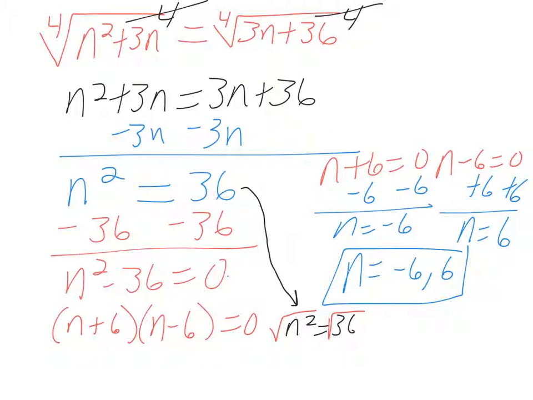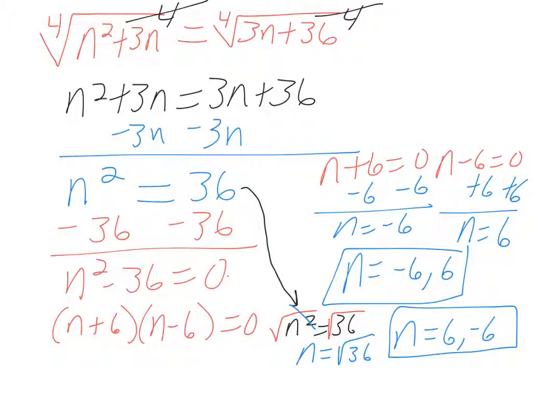And the reason I did that, because I'm squaring something, if I take the square root, that cancels out that there. Then I have n equals the square root of 36, and the square root of 36 is 6 and negative 6. Because 6 times 6 is 36, and negative 6 times negative 6 is 36. So you could do it that way too. So either way, you've seen both ways in the past in Algebra 1. So you can do it either way and you'll get your answer there.